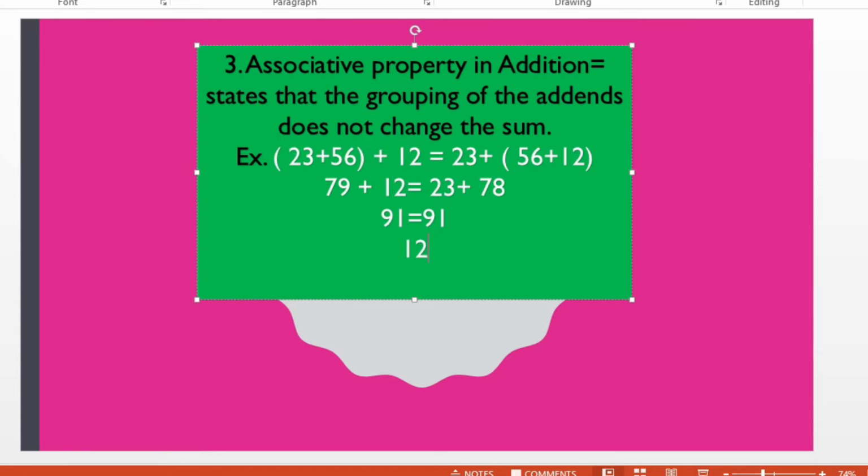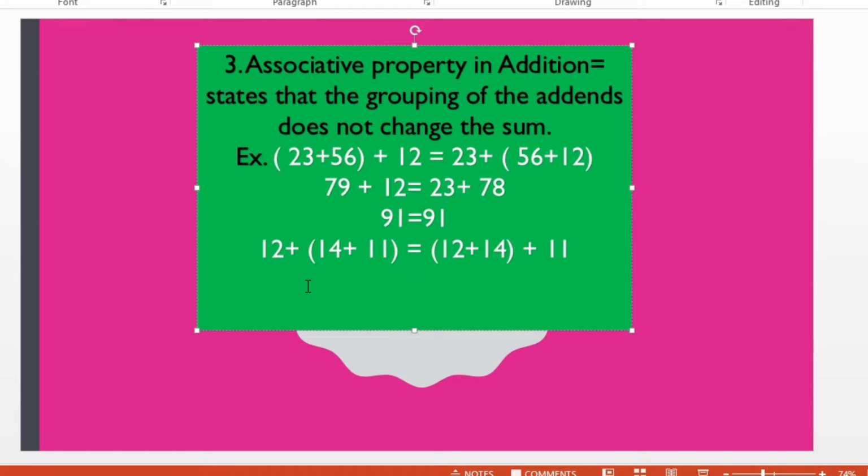Another one, 12 plus 14 plus 11 equals 12 plus 14 plus 11. So, let us check. So, 12, bring down po natin muna yung 12, then plus, add 14 plus 11, the answer is 25. Equals 12 plus 14, the answer is 26.